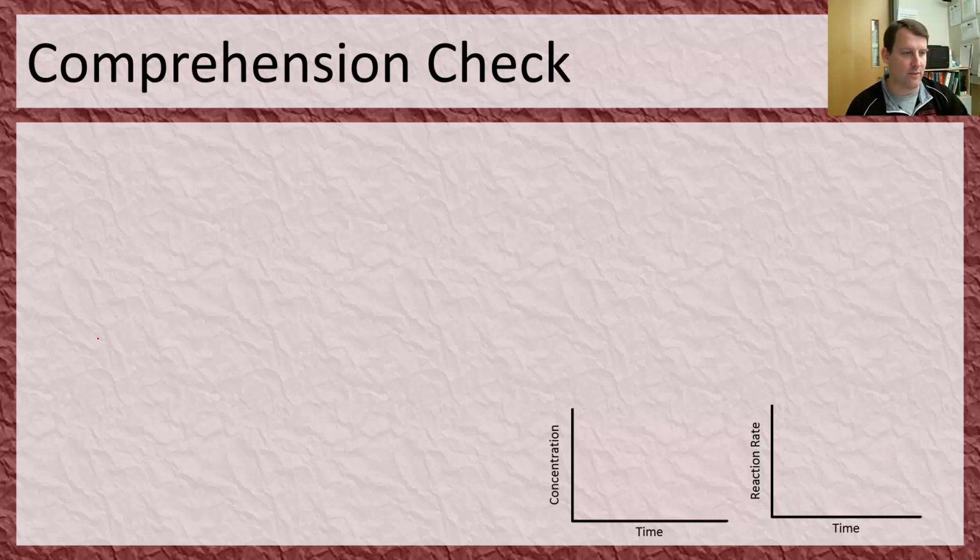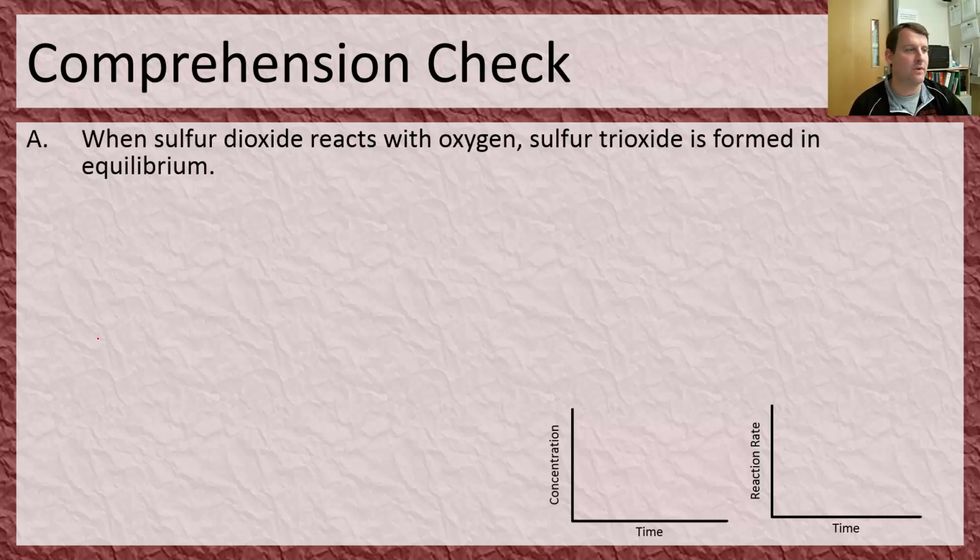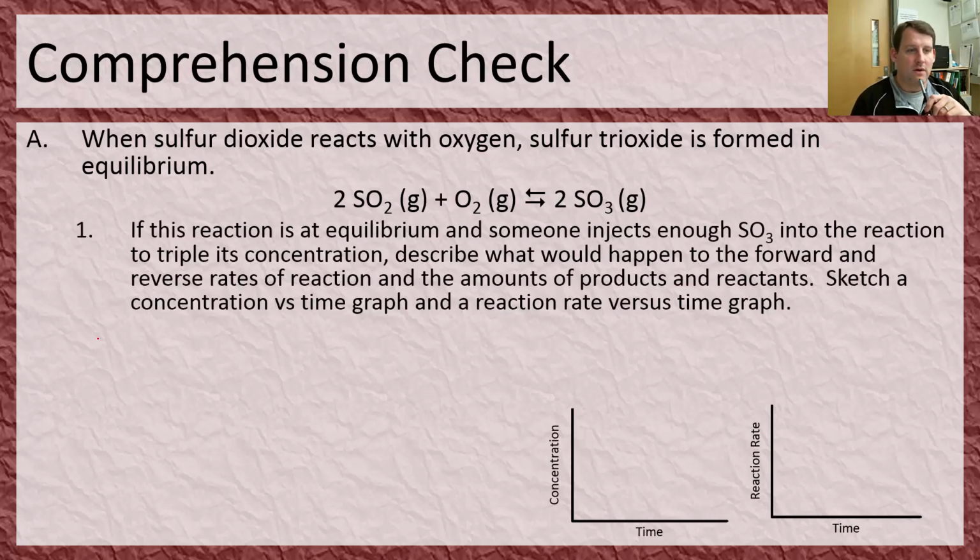This is kind of a tricky one, so I want you to give this a shot yourself. When sulfur reacts with oxygen, sulfur trioxide is produced in equilibrium. So let's say this starts out at equilibrium, so it's like this right now, and then someone injects enough SO3 that we triple the concentration.